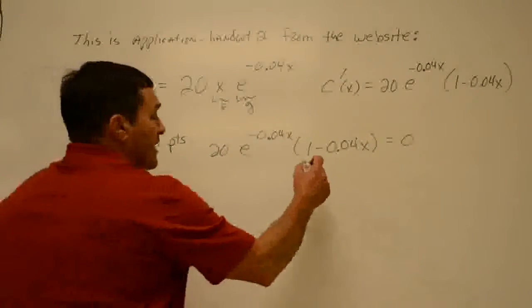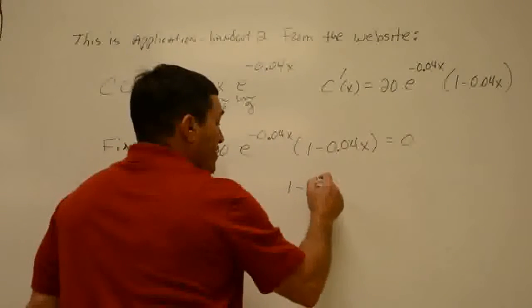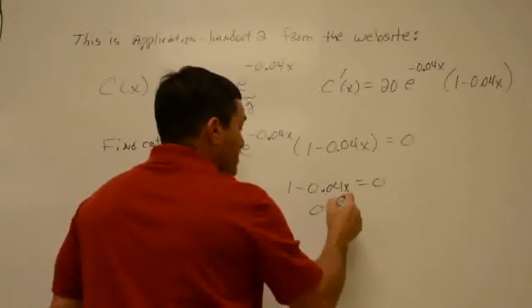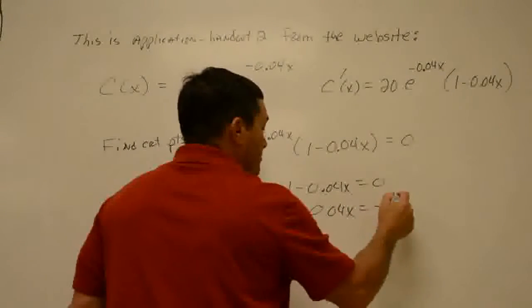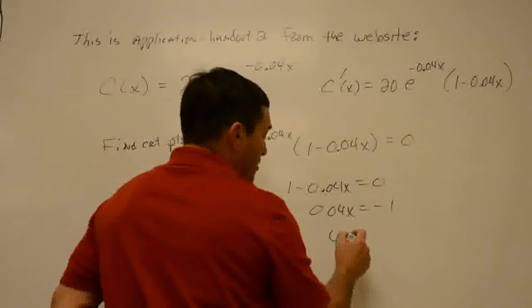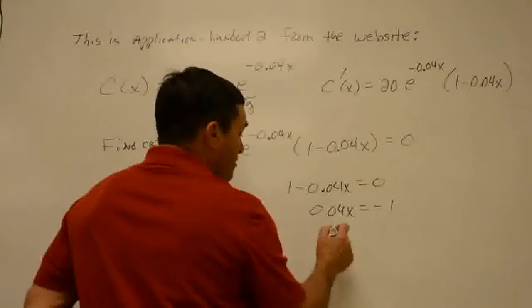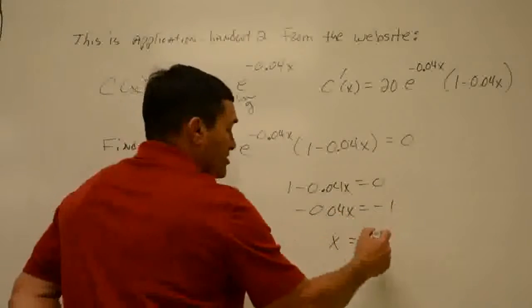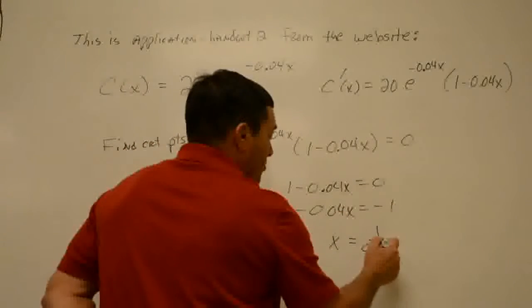Now, that means if you have this factor is equal to 0, we'll just set it equal to 0 and solve. Subtract 1 from both sides. Divide both sides by negative 0.04. And that'll give you positive 1 over 0.04.